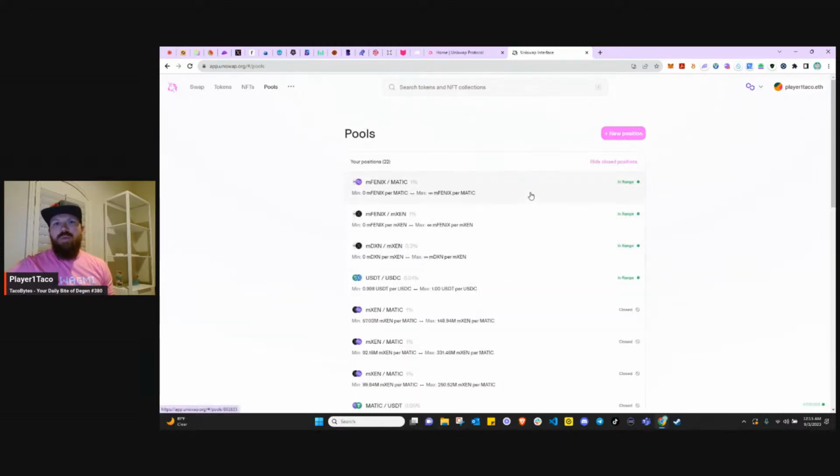Now you'll see some pools where some people own 2 to 3%. On Uniswap, I think it is 0.25% of every trade. So if they own 1% of the pool, they're getting 1% of 0.25% of every trade.